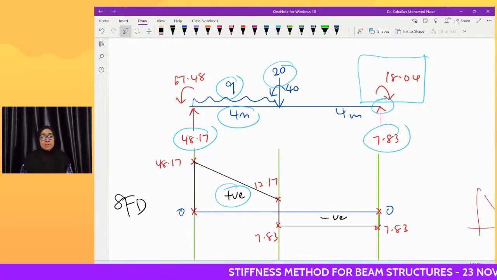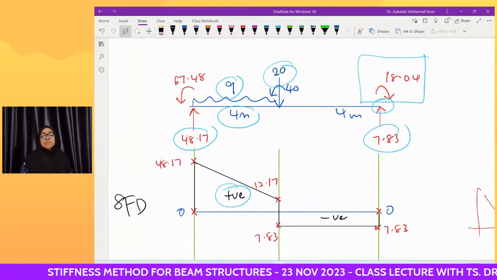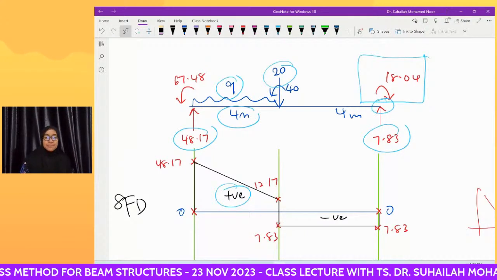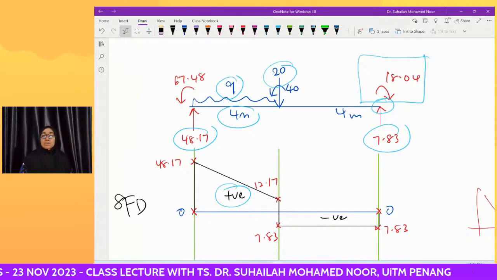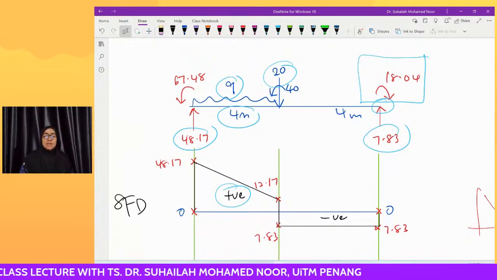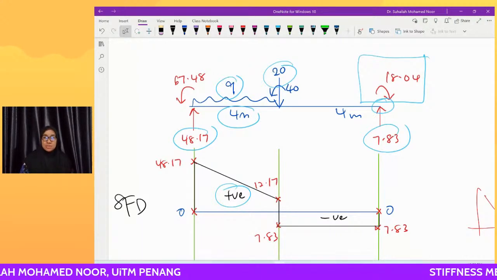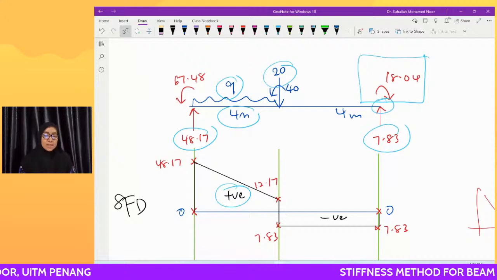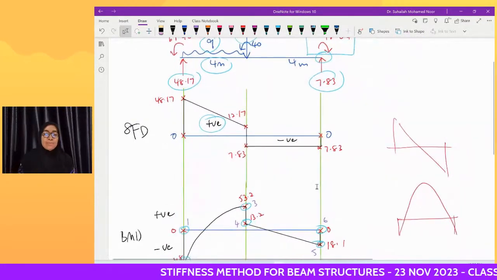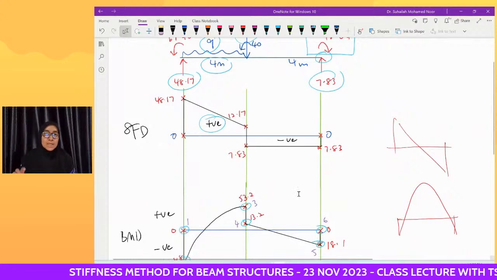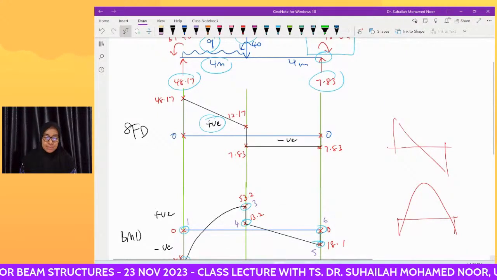Of course the system must be in equilibrium, so you can check total Fy, total Fx as usual, and total moment as well. Then when it is in equilibrium, we can start to draw the shear force diagram and bending moment diagram.